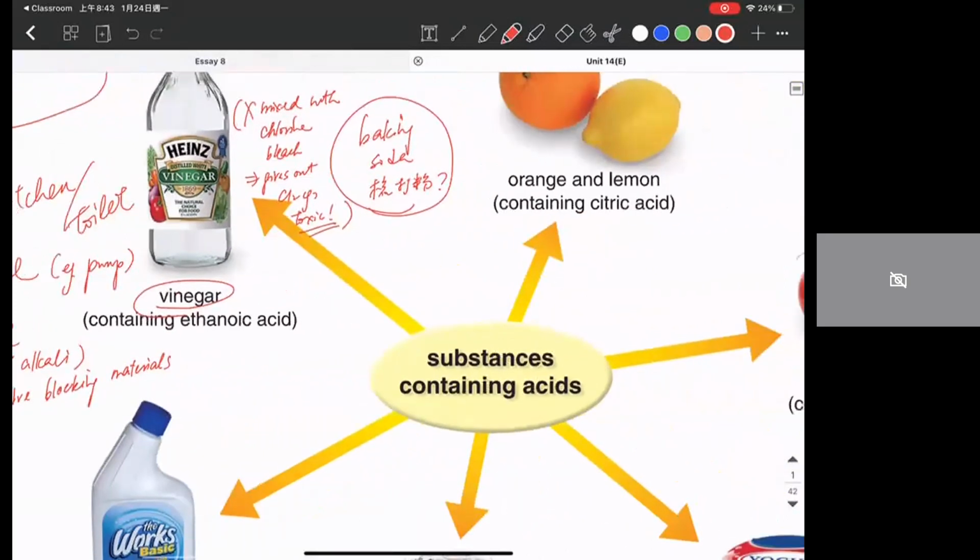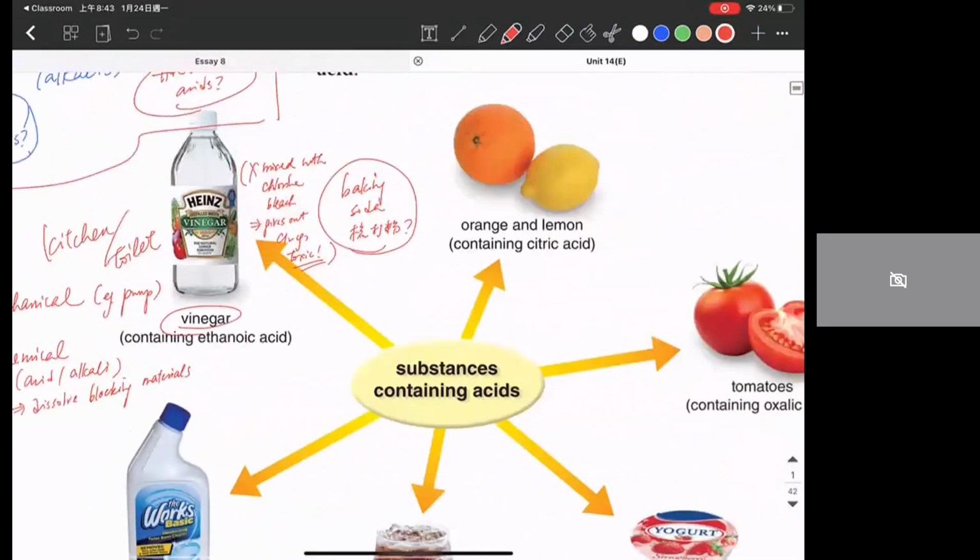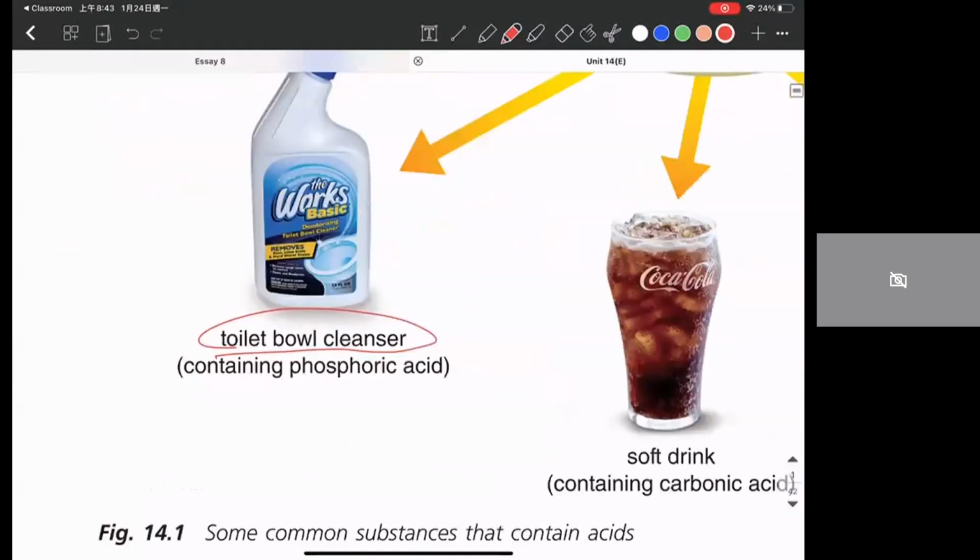Besides that, we have the toilet bowl cleanser, which contains phosphoric acid.